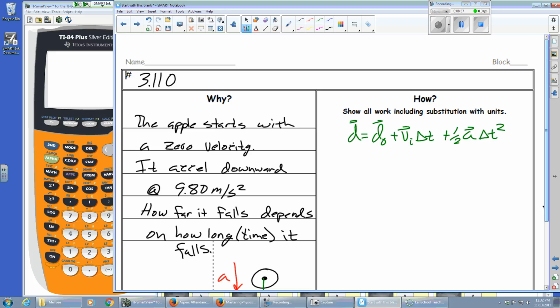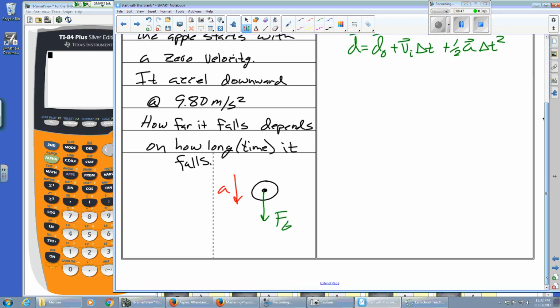That's right in the bottom box of our equation sheet, right in the middle. Let's see. I think I'm going to add some stuff to my drawing. Which direction do you want to call positive? Down. Okay, so we're going to call down positive.